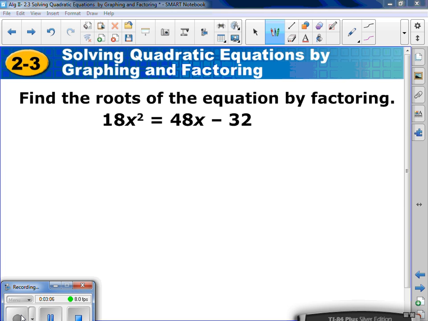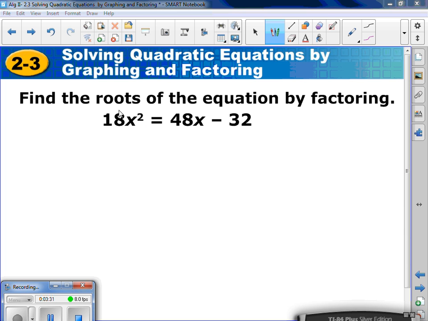For this problem, we want to solve by factoring. We have 18x squared equals 48x minus 32. What should our first step be? You need to get everything to one side.